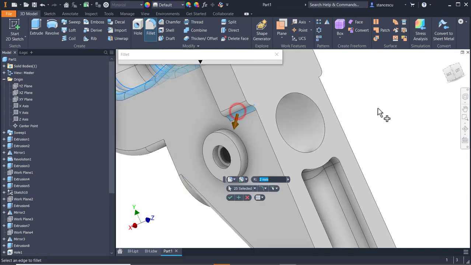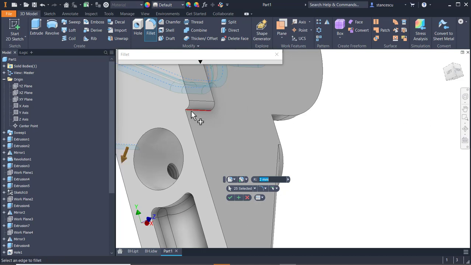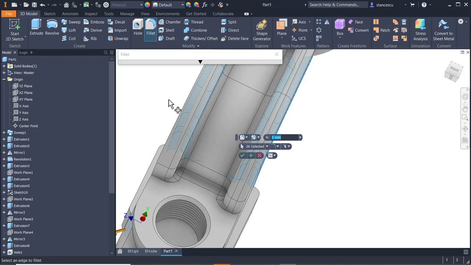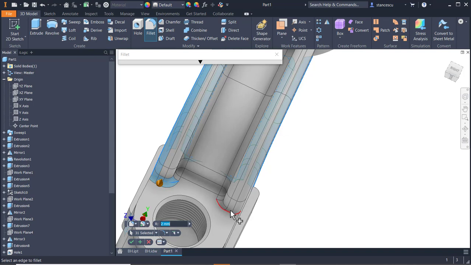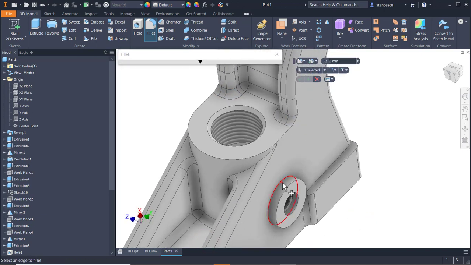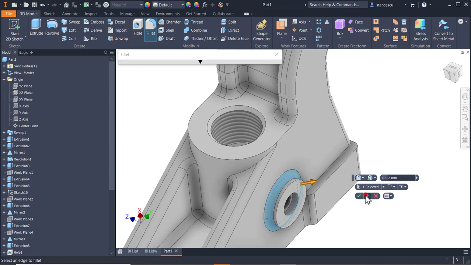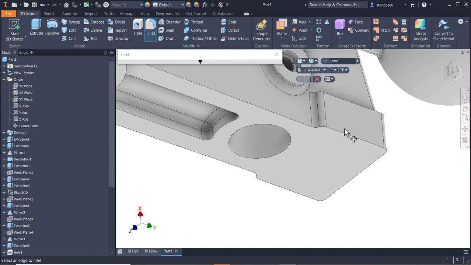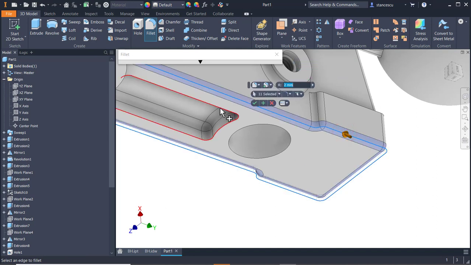This is also to be selected, and this is forgotten. And this too, plus this one, plus the whole face, and this.